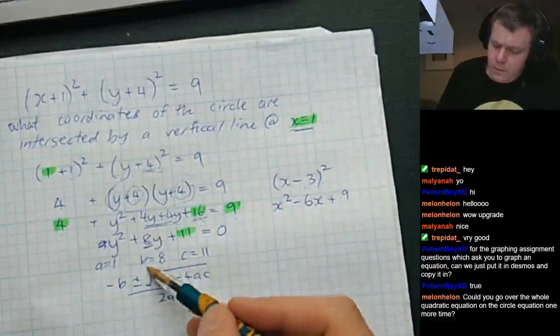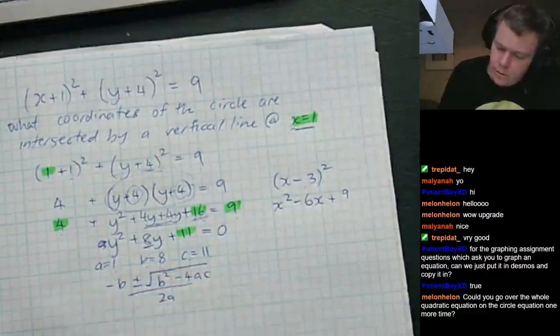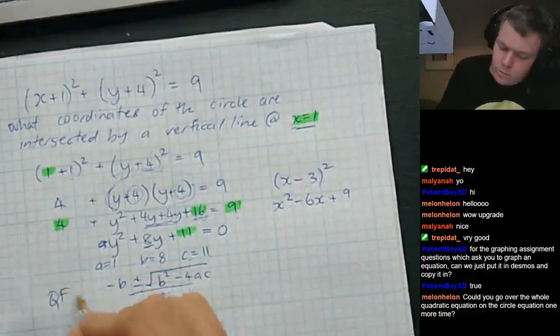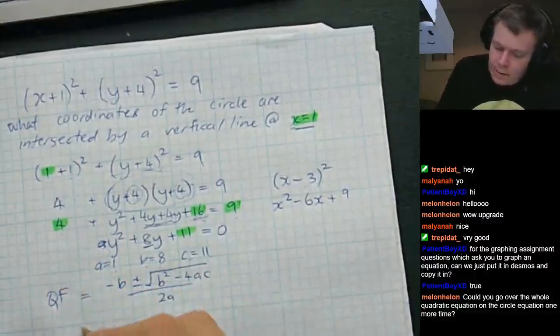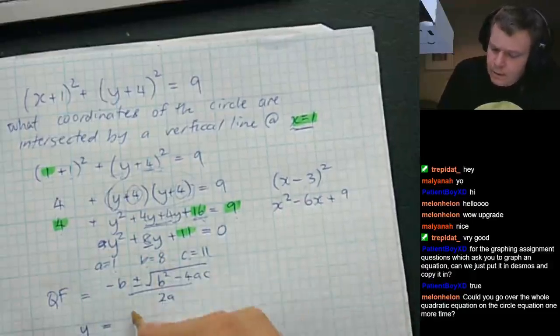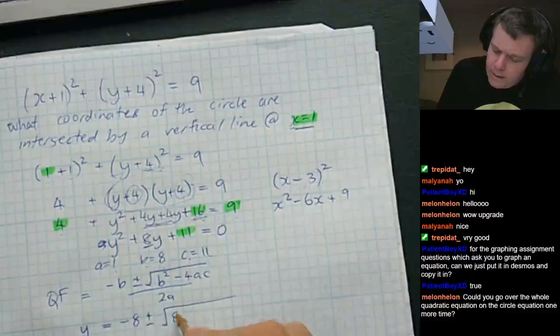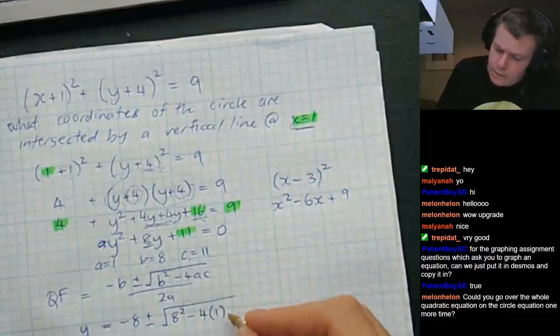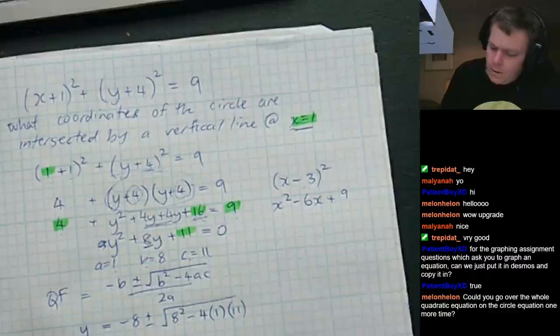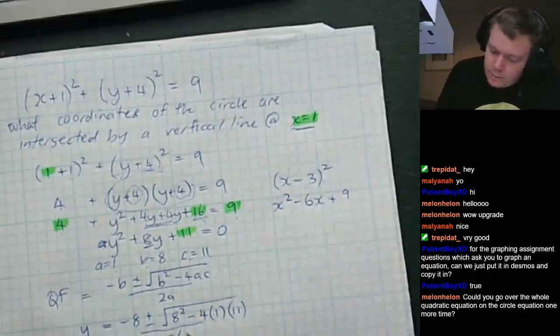If we plug all these numbers into our quadratic formula, we're going to get y equals negative 8 plus or minus the square root of 8 squared minus 4 times 1 times 11, divided by 2 times 1.